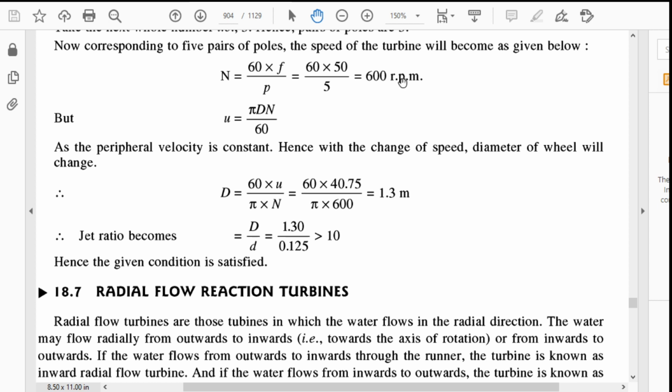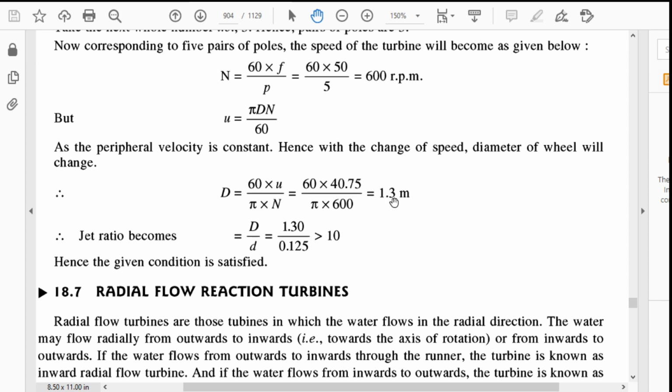Again, as here n is changed, we have to find out the diameter. So the diameter for this is D equals 60 U upon pi N. It will become 1.3. Previously it was obtained as 1.25 meters, and now here it is obtained as 1.3.